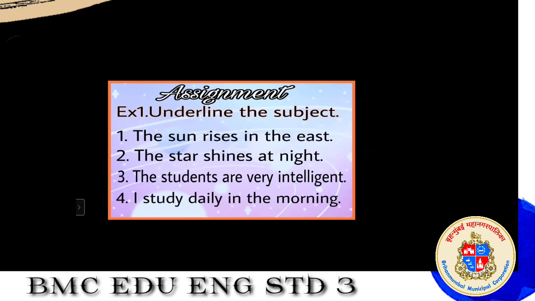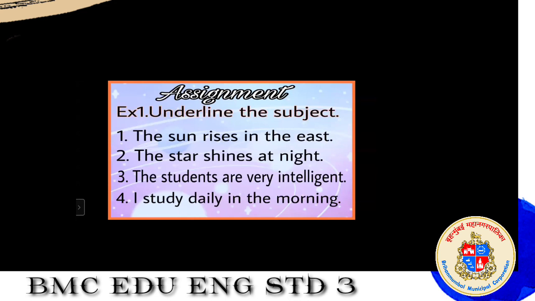Okay, now in this second sentence, what you can see: the stars shine at night. Now here the star is the subject. So you will have to underline the star. In the third sentence, the students are very intelligent.